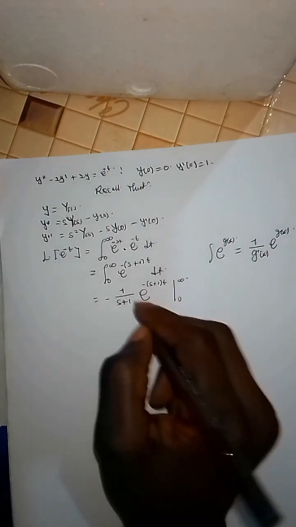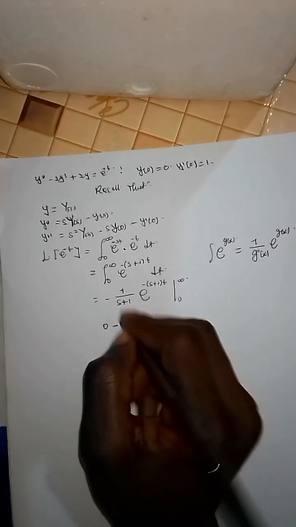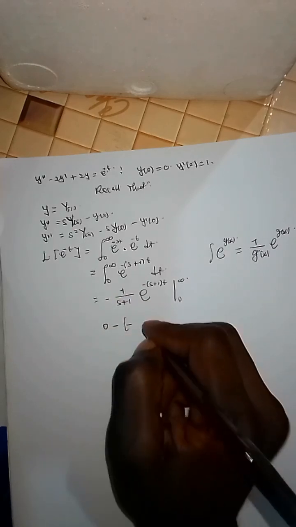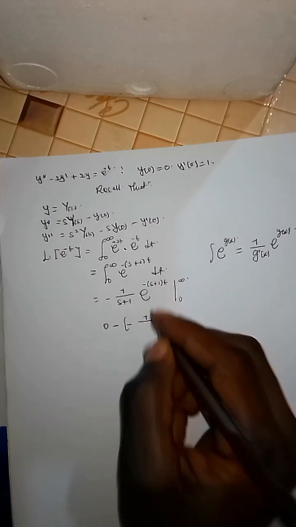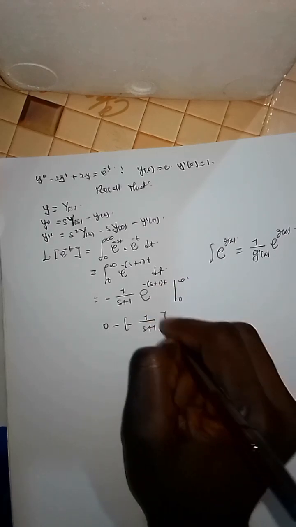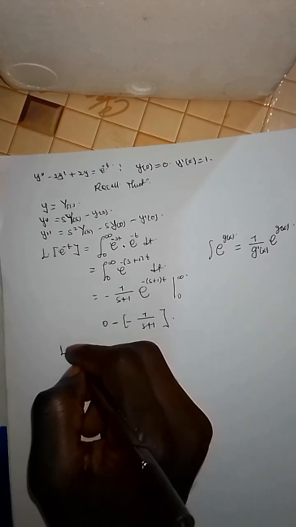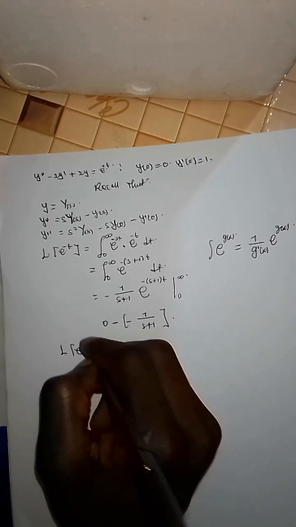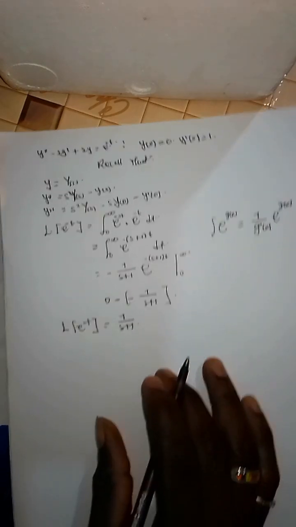If we insert infinity into this function, it's going to result in 0, 0 minus, there is a negative here, 1 all over, we insert 0 here, we will have 1 at this part, so s plus 1. So the Laplace transform of e to the negative t will be equal to 1 all over s plus 1.